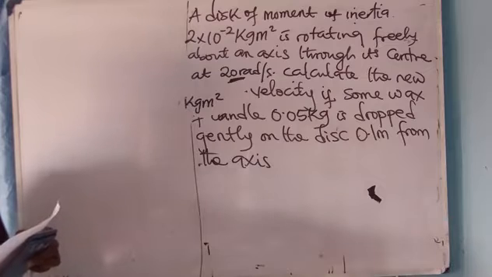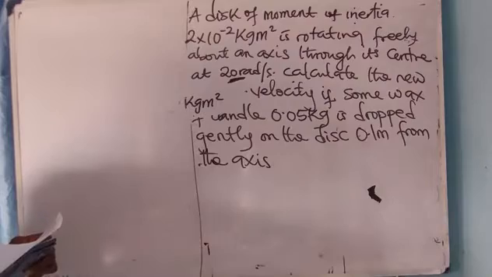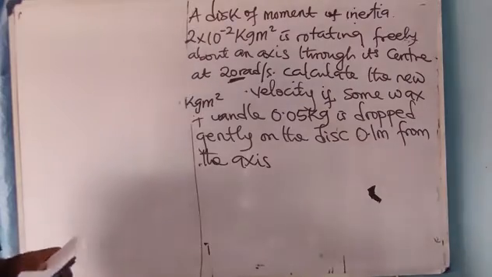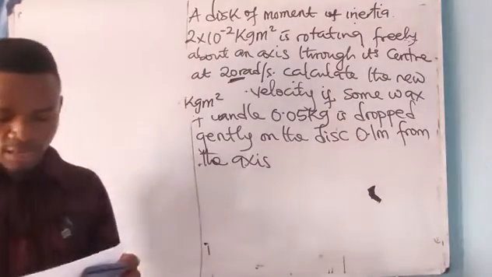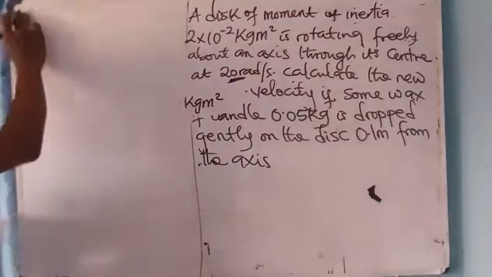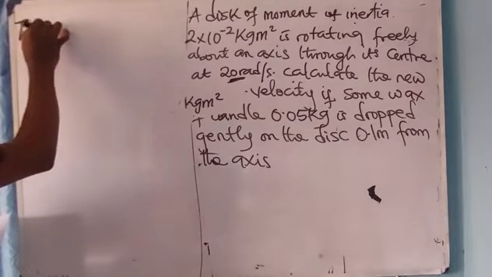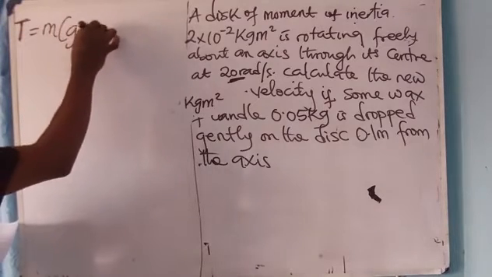A body hangs from a spring balance supported from the roof of an elevator. If the elevator has an upward acceleration, the elevator is moving upwards, T is definitely equals m open bracket g plus a.